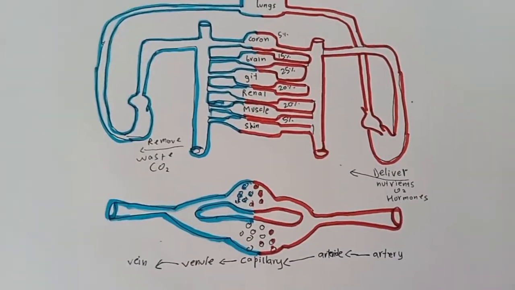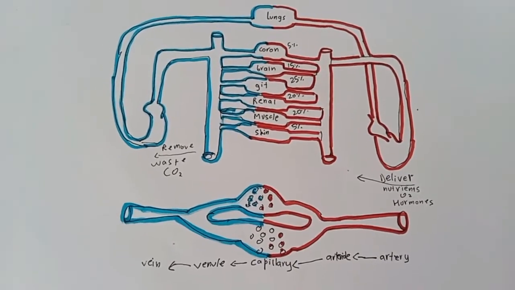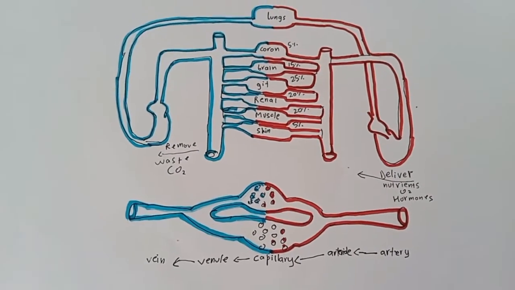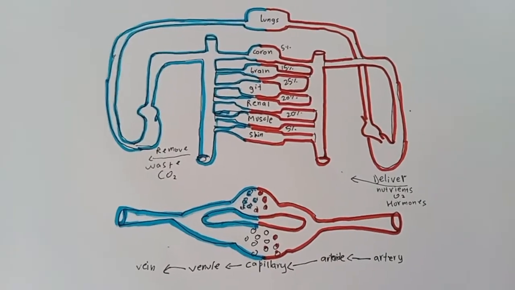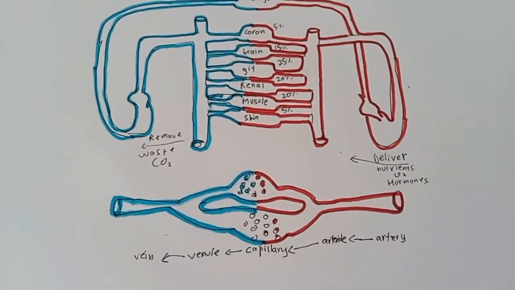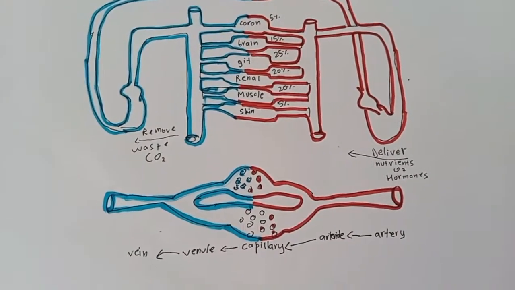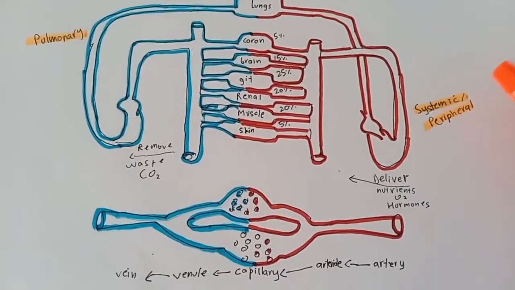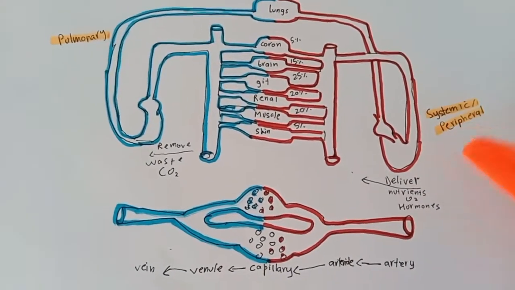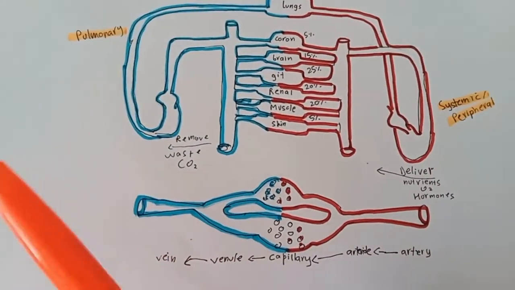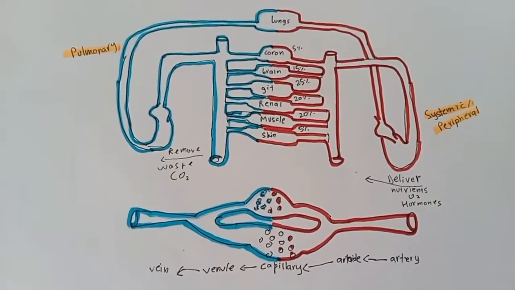So now we know what happens in the blood vessels and the circulation, but it happens in two different circulations. The first one is systemic or peripheral circulation, and the other one is pulmonary circulation.